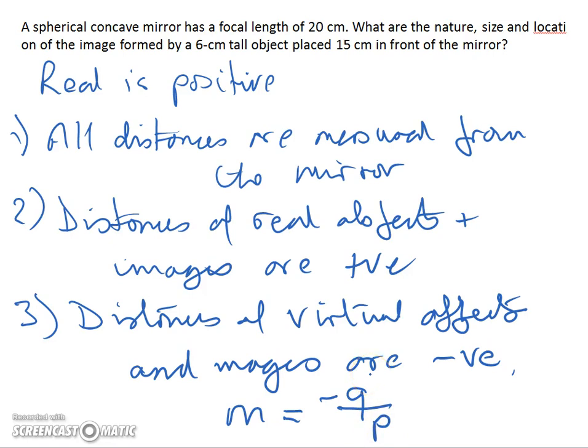And we'll need the magnification to calculate the size of the object, and we will need another formula, which is 1 over p plus 1 over q equals 1 over f, in order to determine the location of the image. In fact, we can do the problem just using those formulae, but for practice I'll draw the ray diagram.